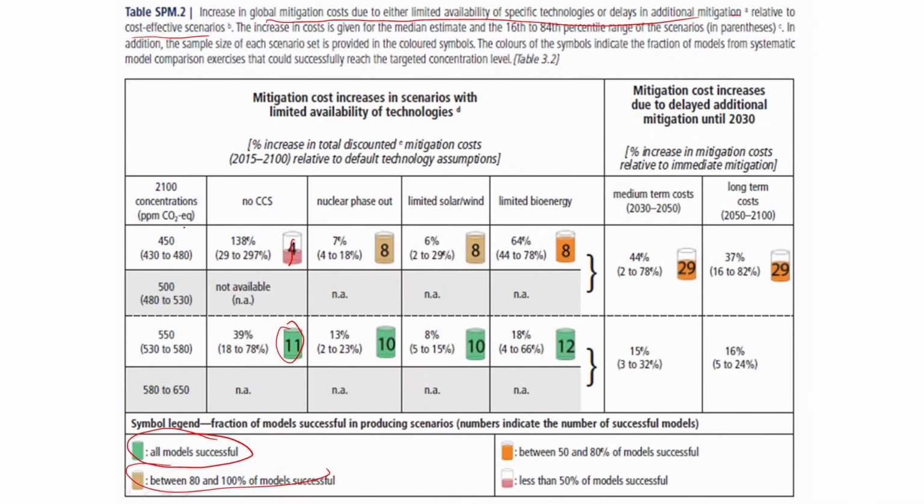So, just quickly, this is the increasing range of CO2 that different scenarios assume, and this is the percentage increase in total discounted mitigation costs. Okay. This term discounted, I do not know if many of you heard of it. Very quickly, it is an economic term.